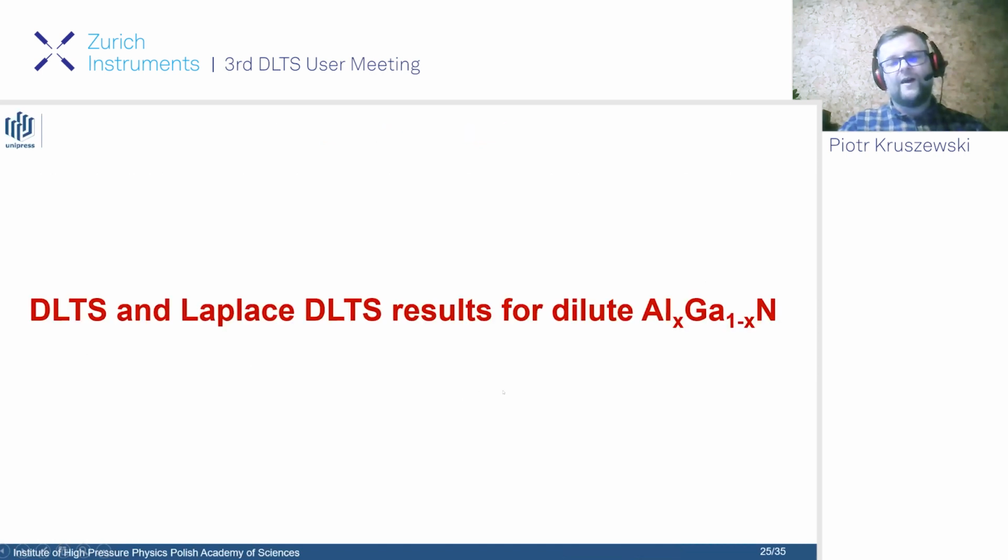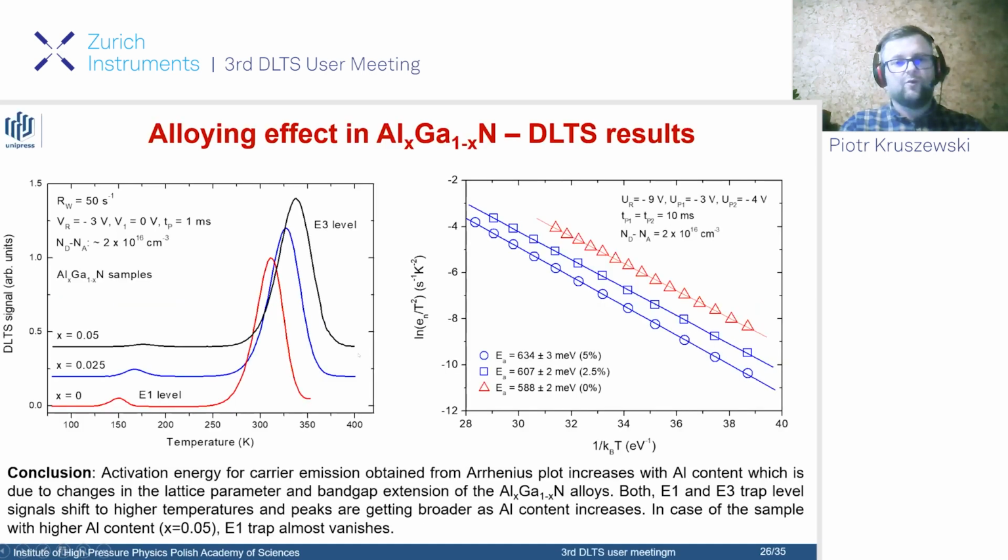Okay, so now I will present our recent results, which we published just 1 or 2 weeks ago, about dilute AlGaN, and this is especially important because it shows the power of the Laplace DLTS technique. Please look.